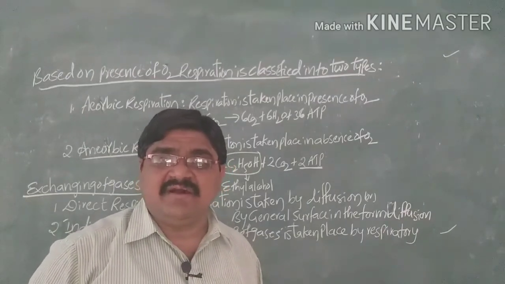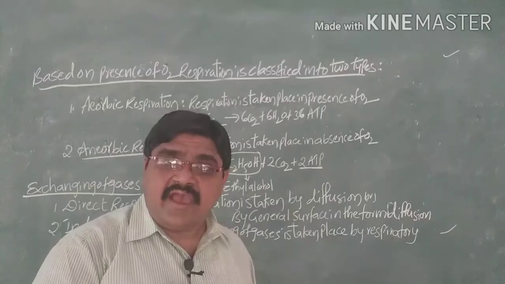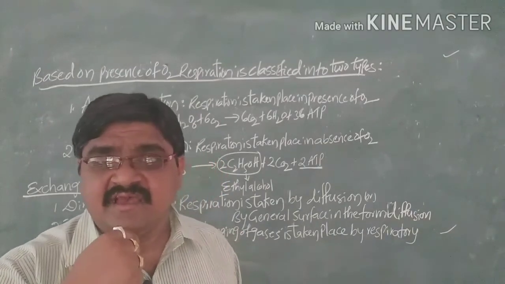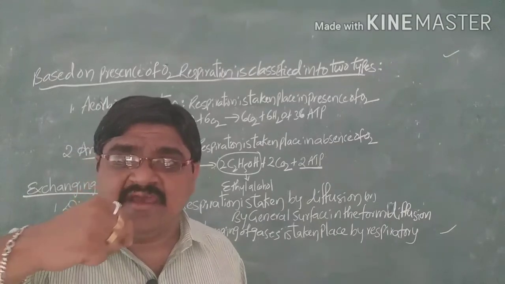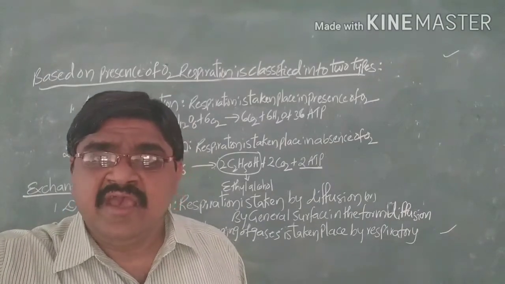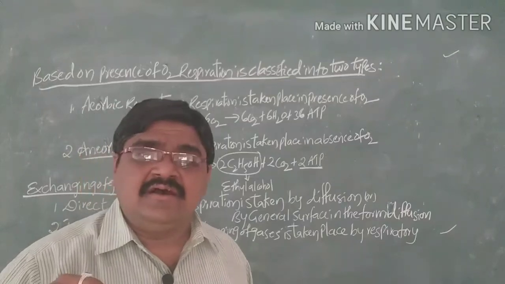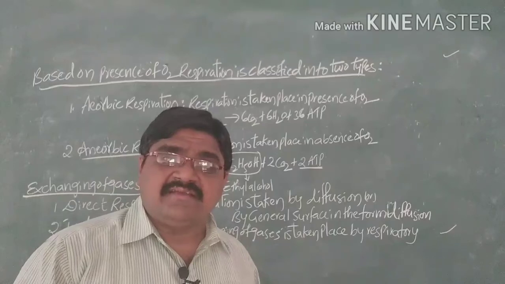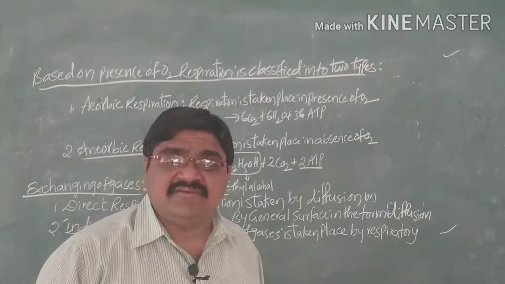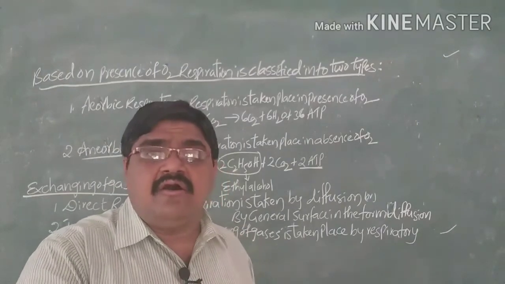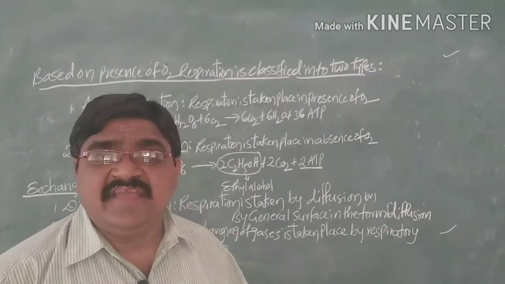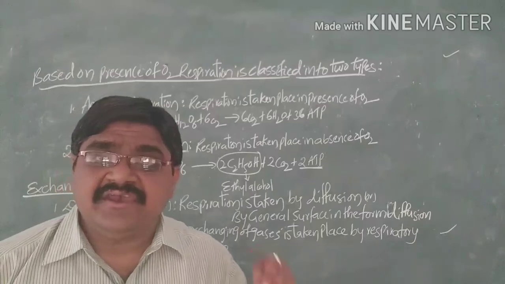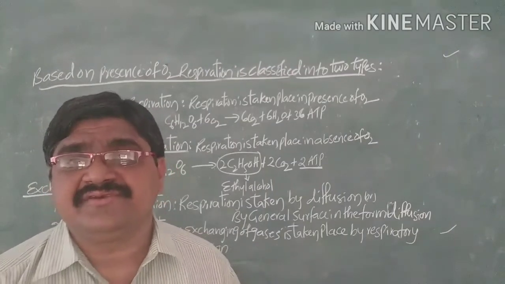From the lungs it passes back through the bronchi, trachea, larynx, pharynx, to the nasal cavity, and the carbon dioxide leaves. So the exchanging of gases, oxygen and carbon dioxide, takes place through the respiratory organs, and we call this indirect respiration.